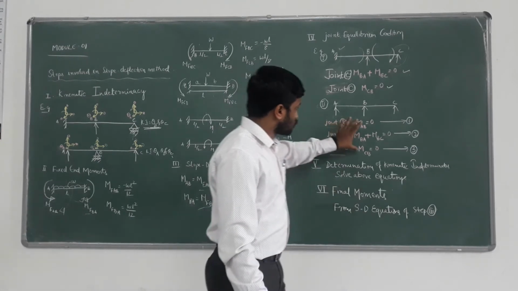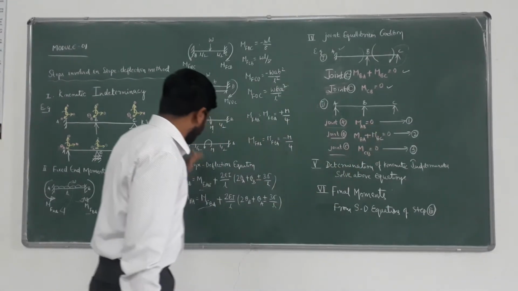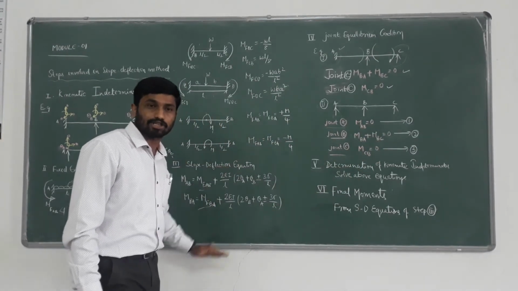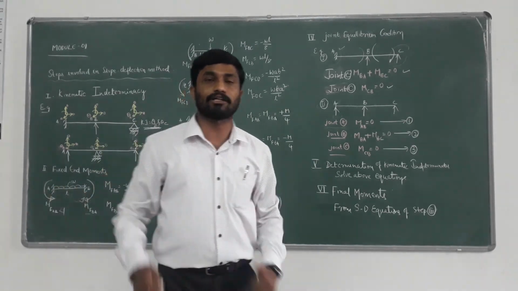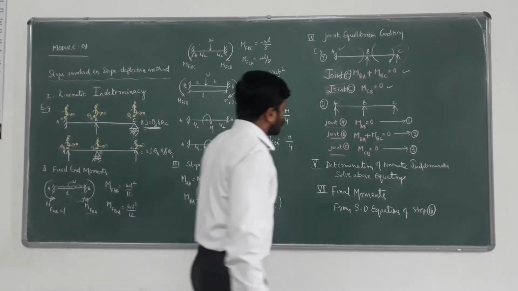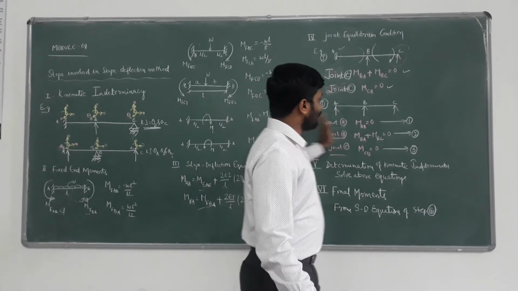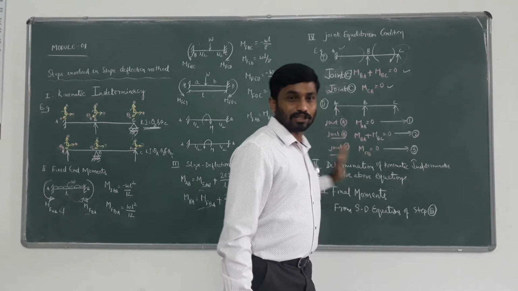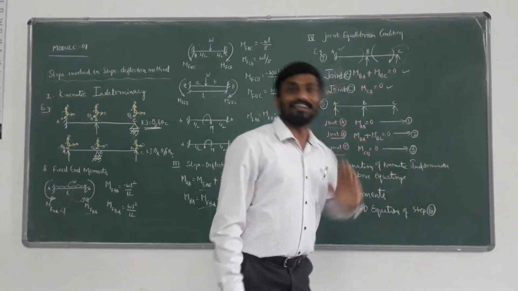When we substitute MAB equals 0, we know that we have slope deflection equations in terms of kinematic indeterminates from the previous step. So now we are substituting here and getting simultaneous equations: equation 1, equation 2, equation 3.